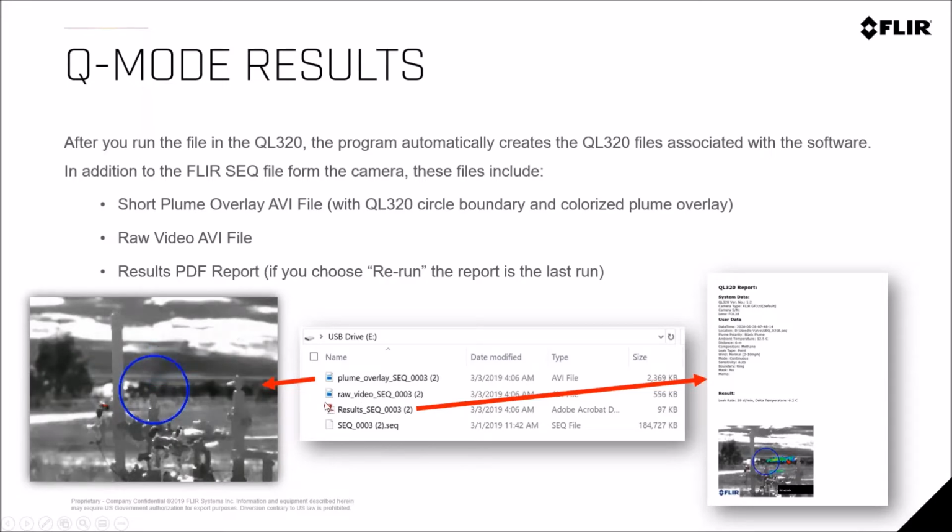You have your raw video, which is a shortened video of the leak, and then your plume overlay, which is once again a shortened video with the plume or any overlays that are turned on. In this case, I had the boundary overlay. You can see a little red dot here where I actually have the overlay of delta T as well as the plume overlay itself.